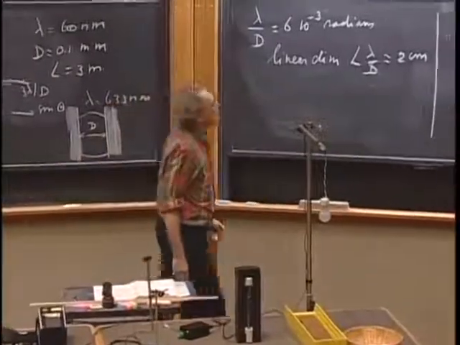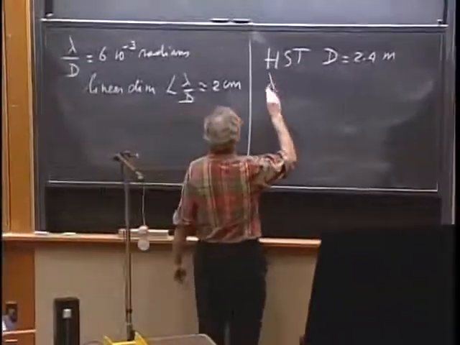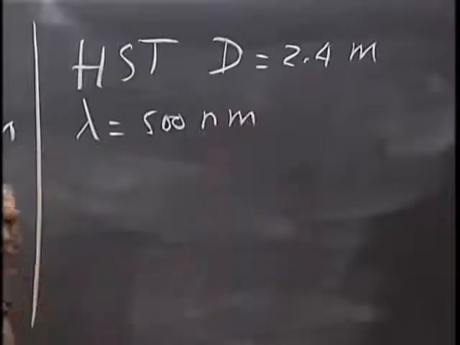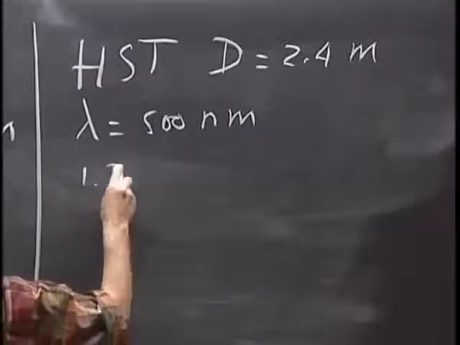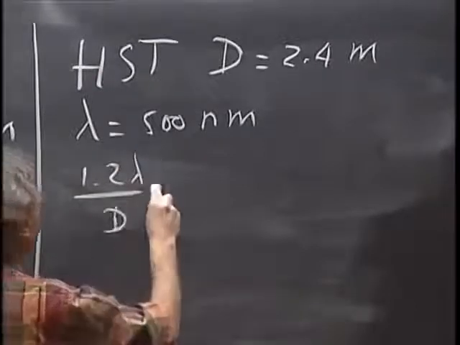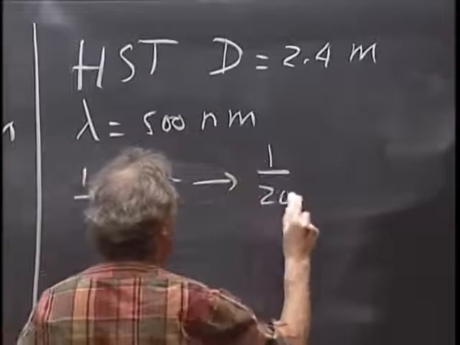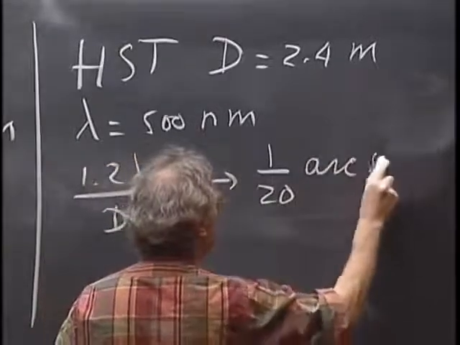If I take an average wavelength of the optical spectrum of about 500 nanometers, I realize that it goes all the way from 400 to 650, but if I take this as a representative wavelength, then 1.2 times lambda divided by d translates into about 1/20th of an arc second.